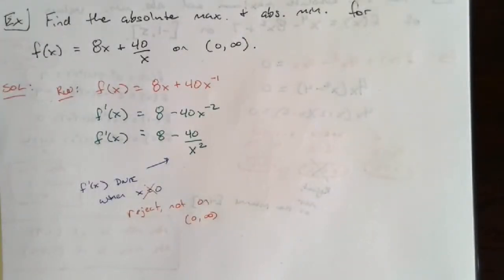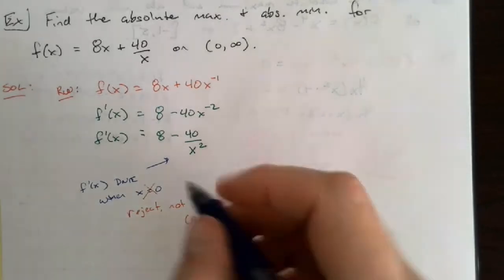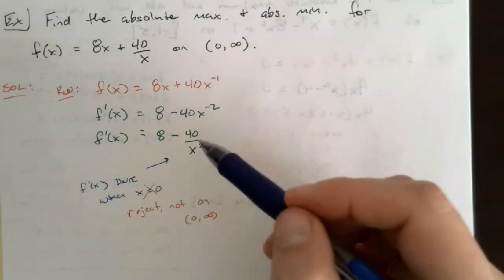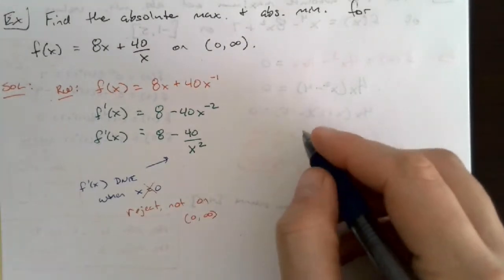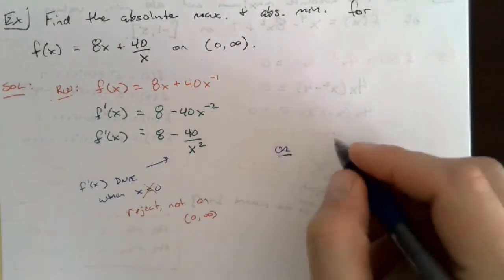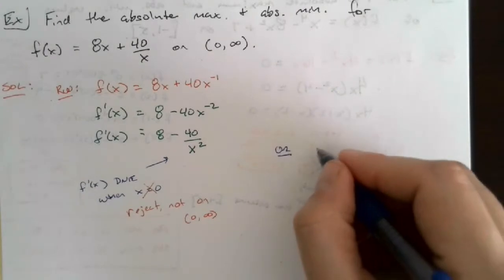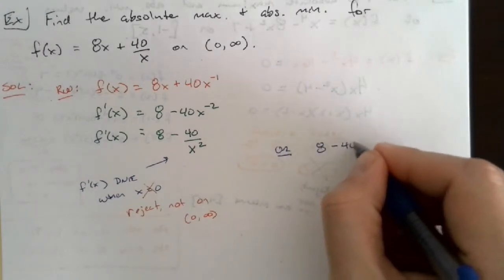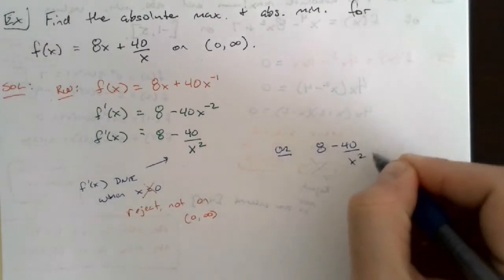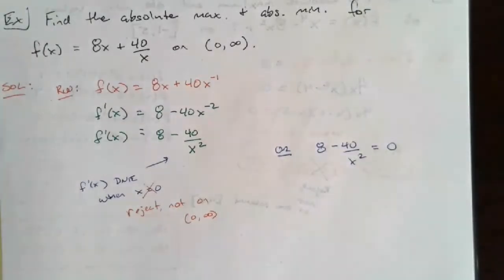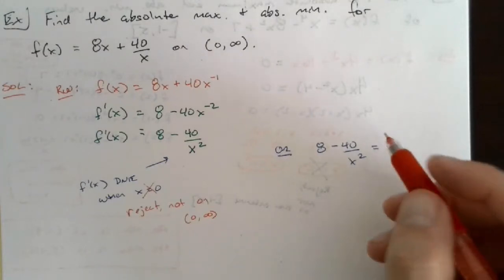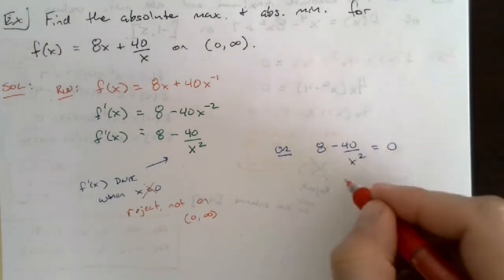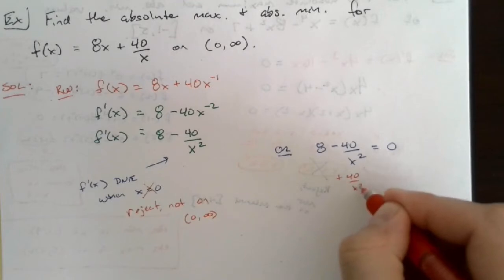Remember, the other way that you have critical values is when the first derivative equals 0. So we set f prime of x, so 8 minus 40 over x squared, equal to 0, and we want to solve that. Well, how would you solve this? The easiest way is probably to move this negative 40 over x squared over to the other side by adding it to each side.